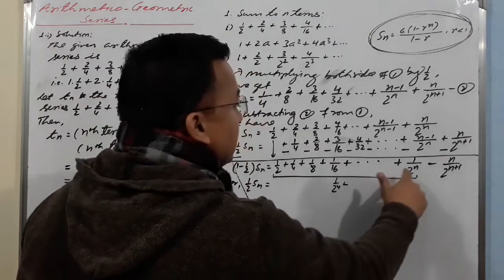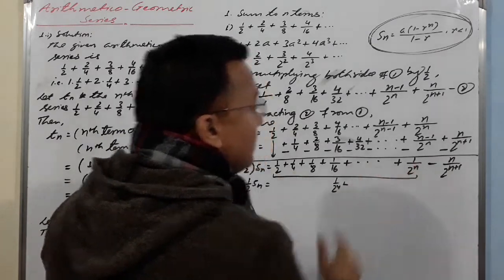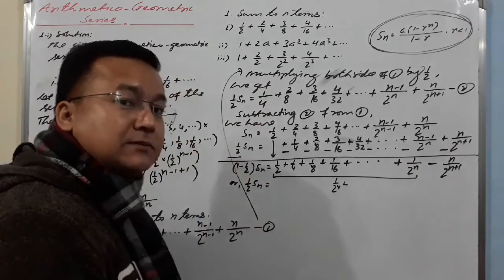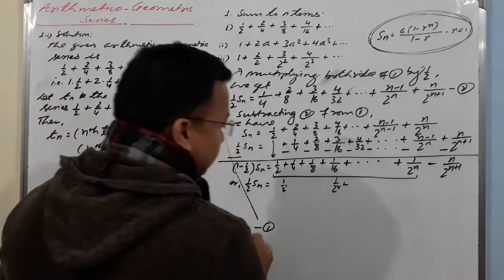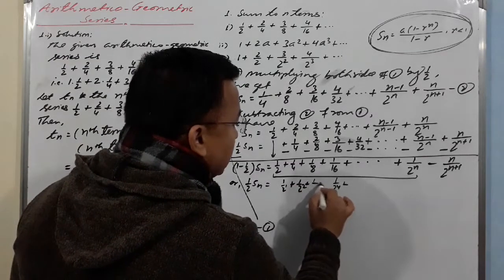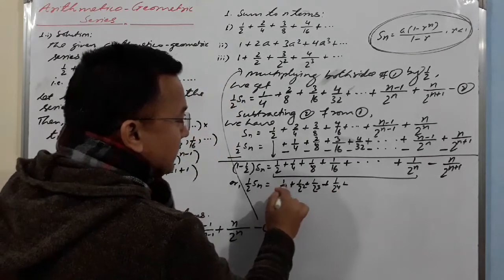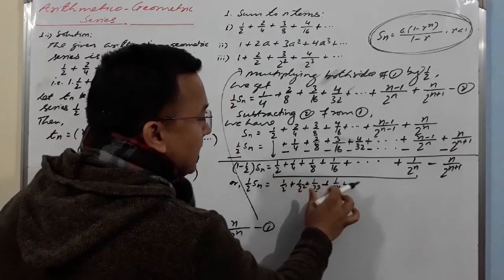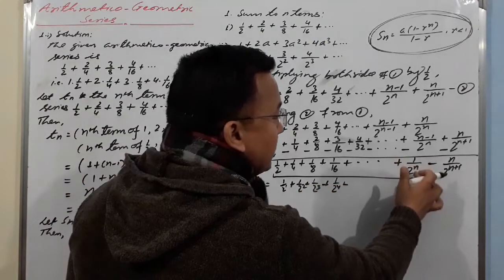Similarly, here we have 2 raised to power n. So this means in total we have n terms. So how many terms are there? N. Because here power 1, 1 by 2 to the 1, and plus 1 upon 2 raised to power 2, and plus 1 upon 2 raised to power 3, and so on. Here first term 1, second term 2, third term 3, and fourth term 4. And then the last term is 1 upon 2 raised to power n.